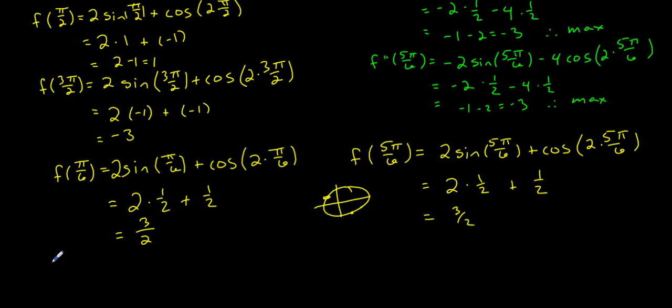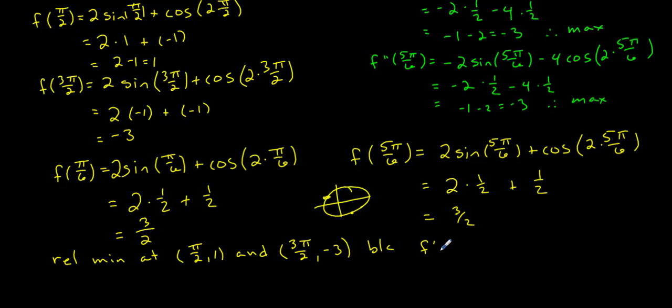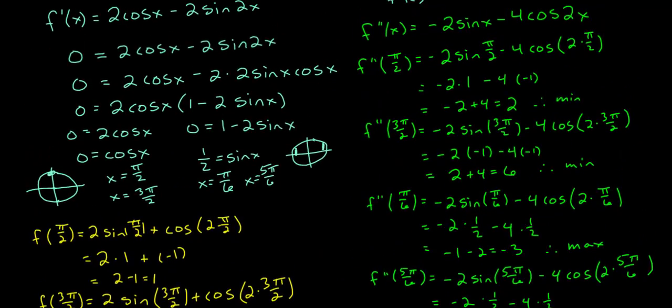Okay, so we have a relative min at, let's get our points: pi over 2, 1, and 3 pi over 2, negative 3, because f prime x equals 0, and f double prime x was, let's check again, greater than 0.